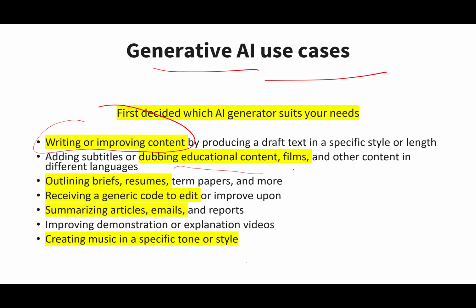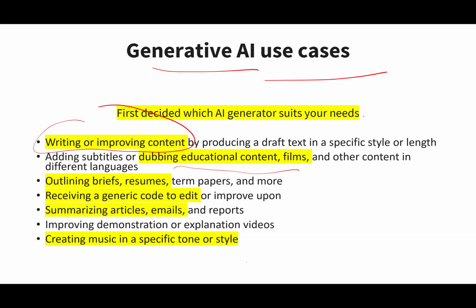It is also used in dubbing films. I want to dub the Salaar movie from Telugu to Hindi. How is it possible with the help of these tools? They use a lot of these tools and dub the films in no time.